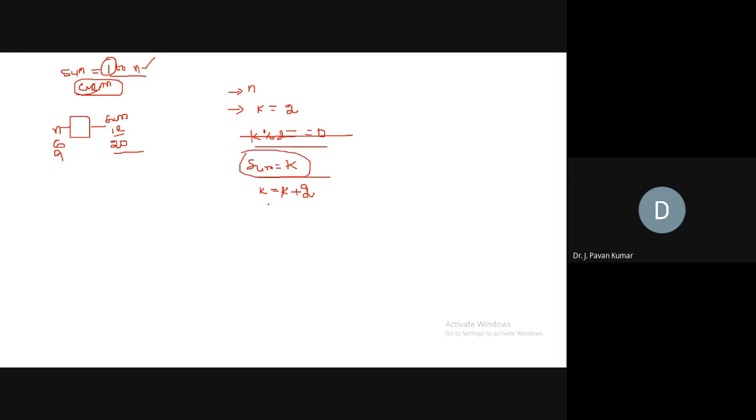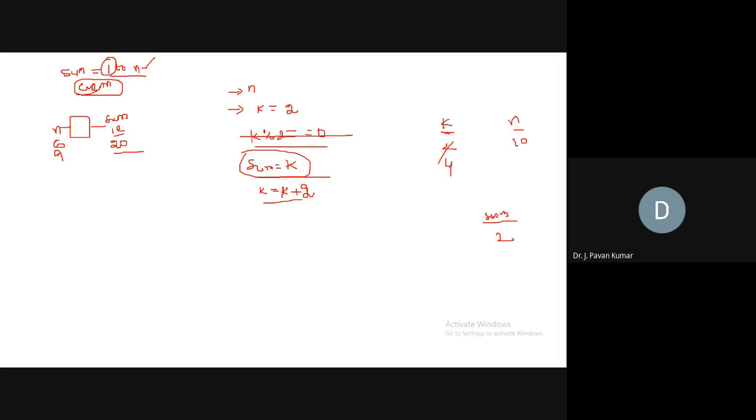Try to understand. K value we are incrementing. Initially k value is 2. N value let us consider 10. K value is 2, so sum is 2 as of now. Next, k value we will be incrementing by 2. That means k value becomes 4.